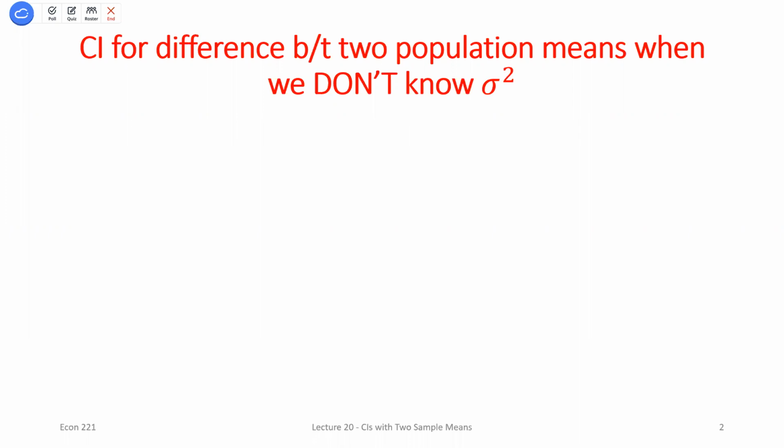Everything I have up here, what's the only thing I need to change when I'm calculating my test statistic and confidence interval if I only have sample variances and I don't know the population variance? Everywhere I have a population variance, what am I now going to use? Yeah, the only thing I have, which is the sample variance for those groups.